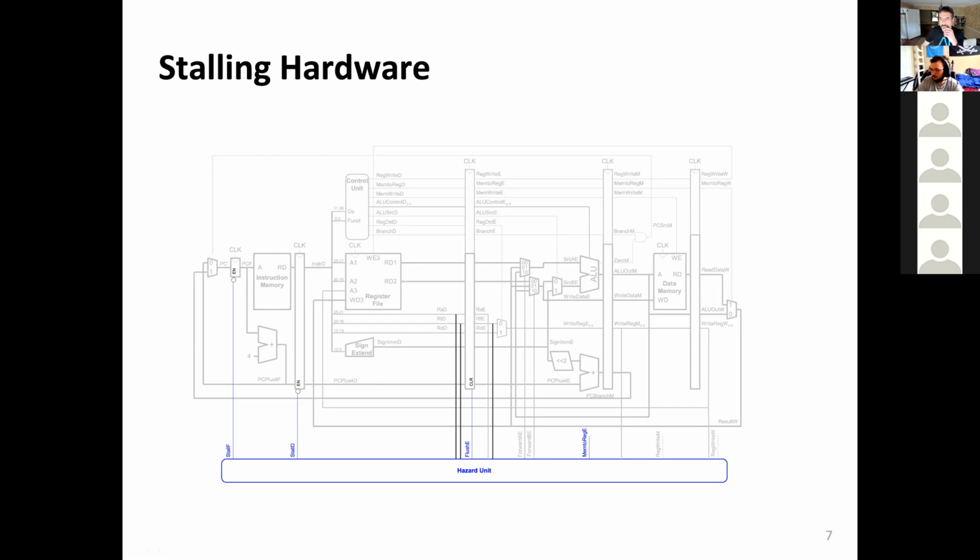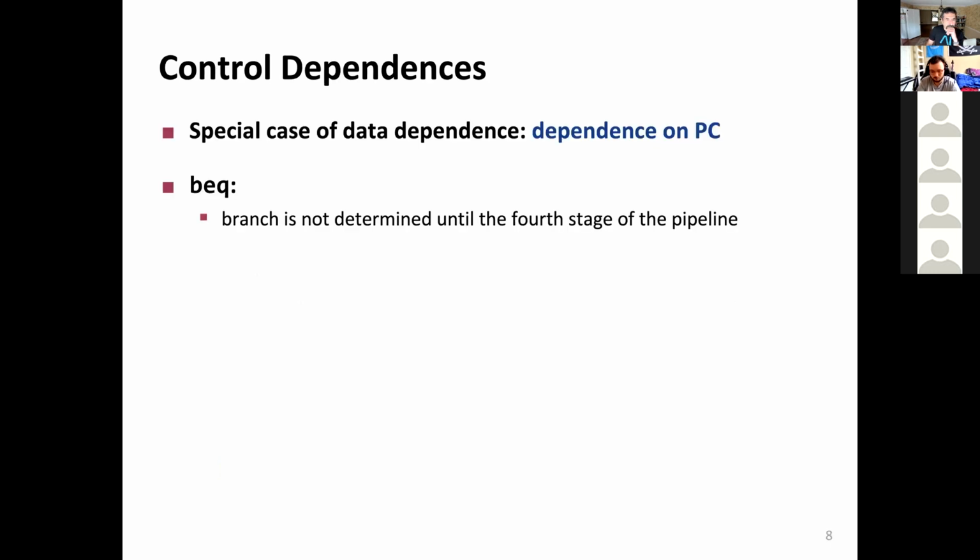If you remember, this control signal PC source is calculated at stage 4 of this instruction.